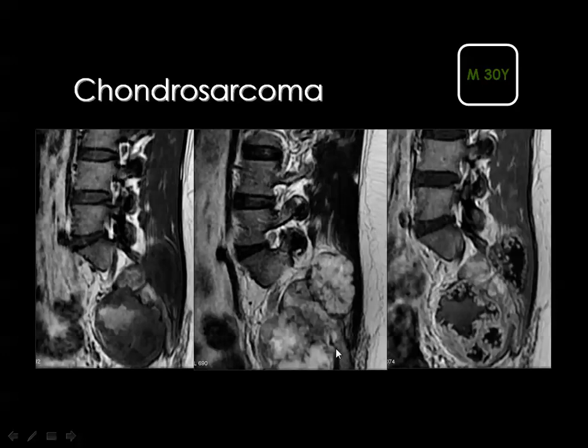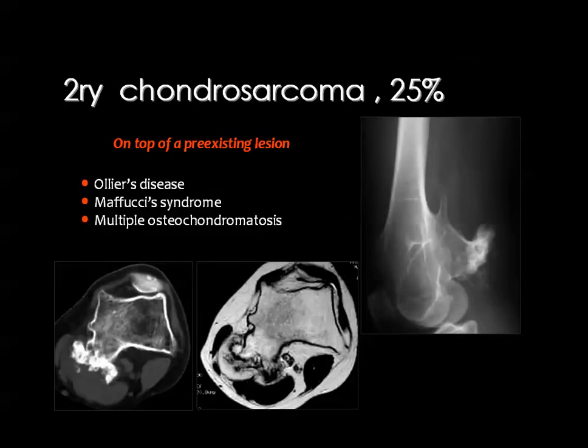One of the drawbacks of MRI, as you all know, is its inability to show matrix calcification as well as the CT scan. One of the criteria of chondrosarcoma is to see matrix calcification in order to suggest the possibility of the tumor.